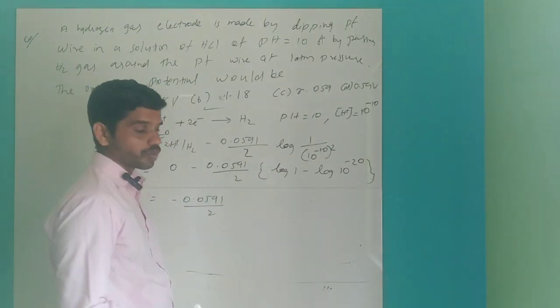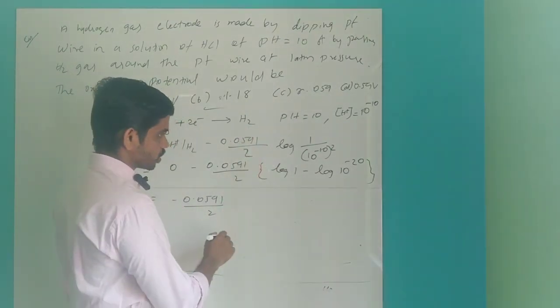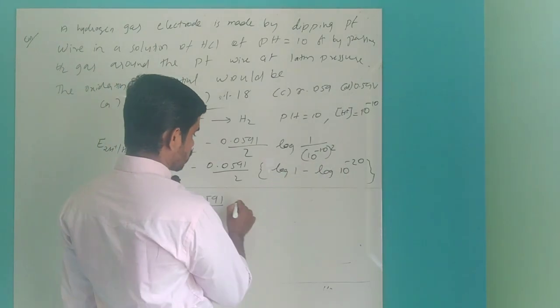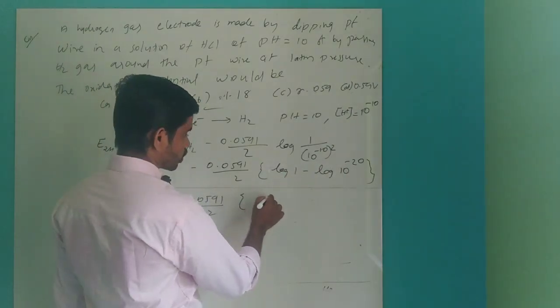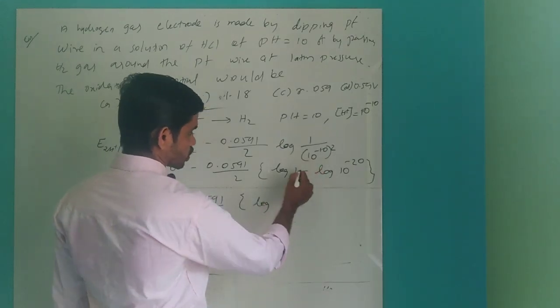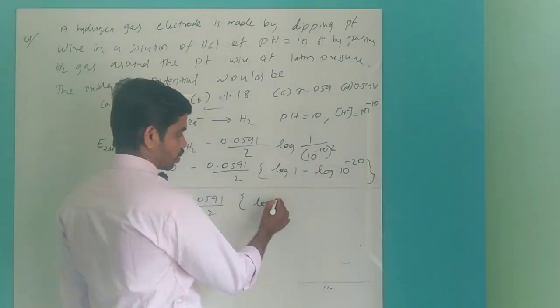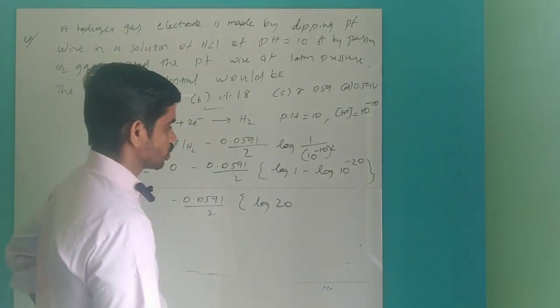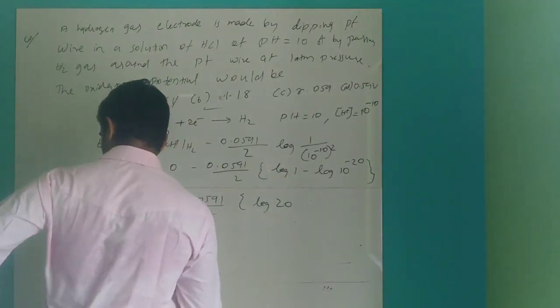Log 1 is 0, so that term will be 0. Then minus into minus becomes plus, so log 10 power 20 remains.